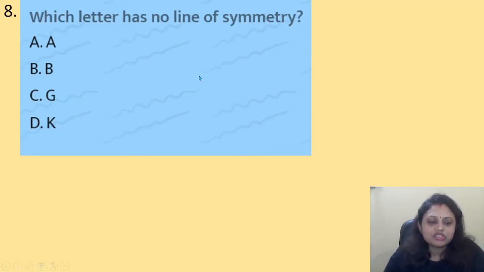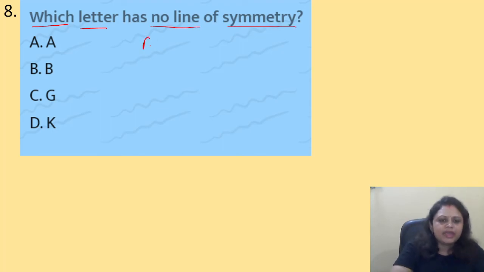Coming to the next question, which letter, sorry, which letter has no line of symmetry? Option A, B, B, C, G, D, K. So in the question it is given which letter has no line of symmetry. So A is there.